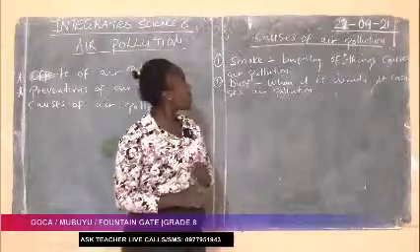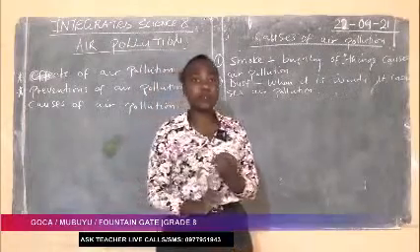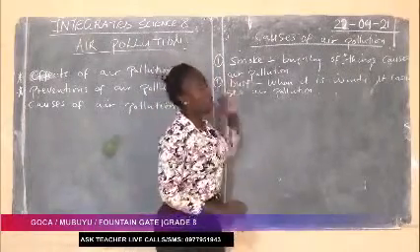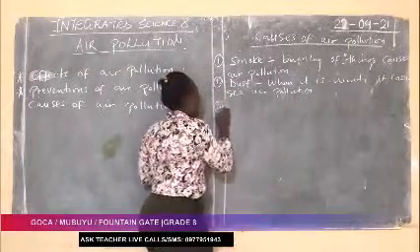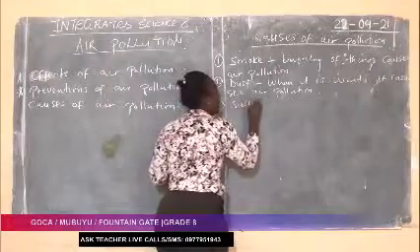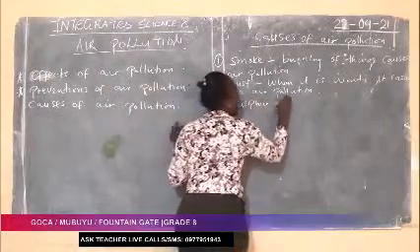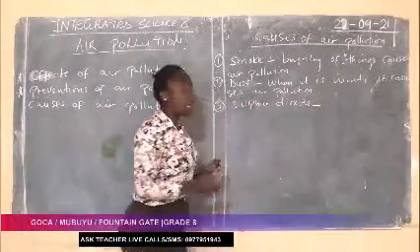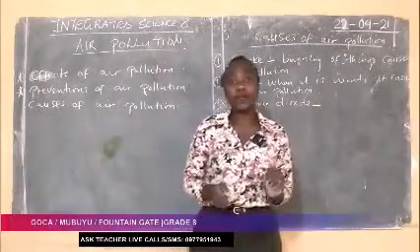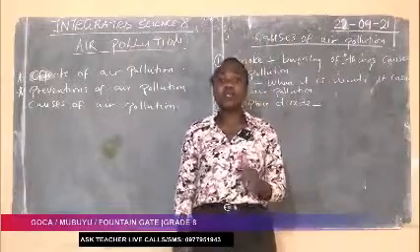Okay, so the first cause of air pollution that has been written on the board is smoke. Apart from smoke, we have dust. Then the third one, we have sulfur dioxide. Okay, so another factor that causes air pollution is sulfur dioxide.